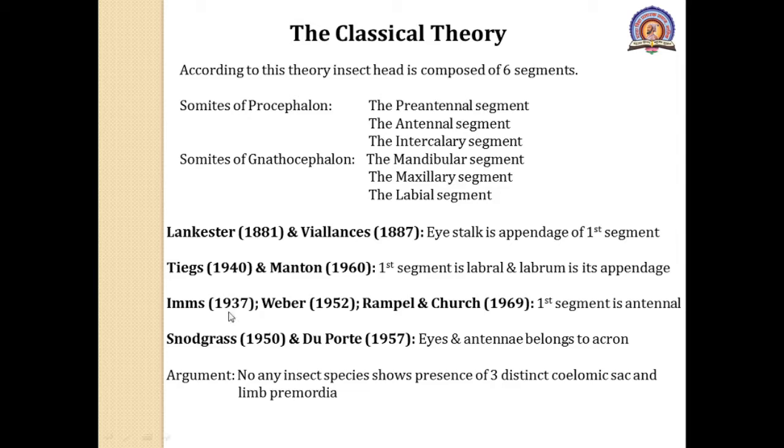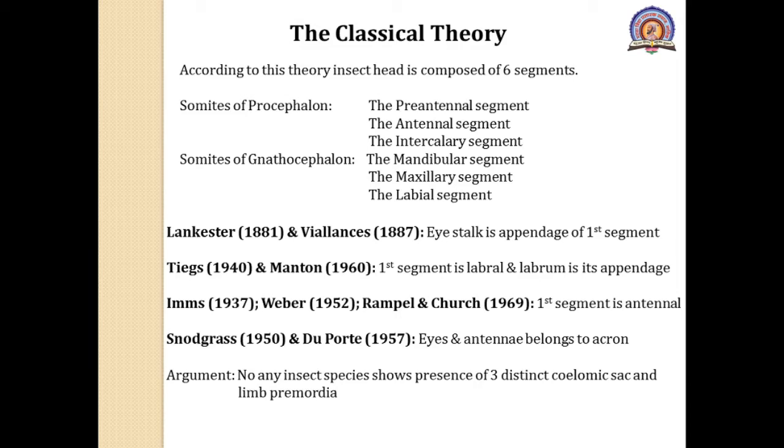These workers support this classical theory. But two other prominent insect morphologists, Snodgrass and Duport, consider the eyes and antennae as structures belonging to the acron and not to any head segment.